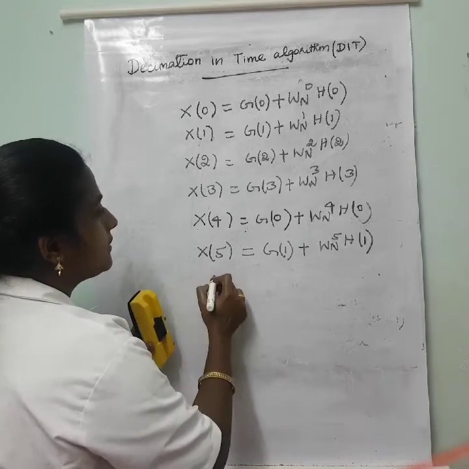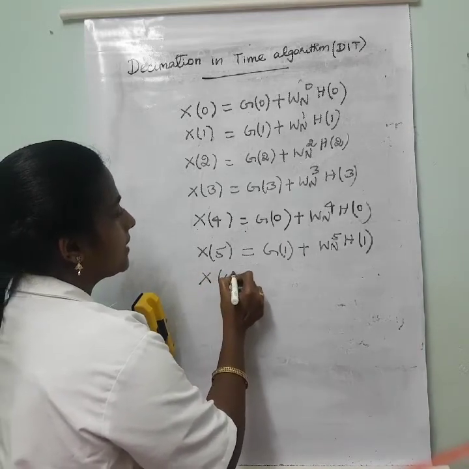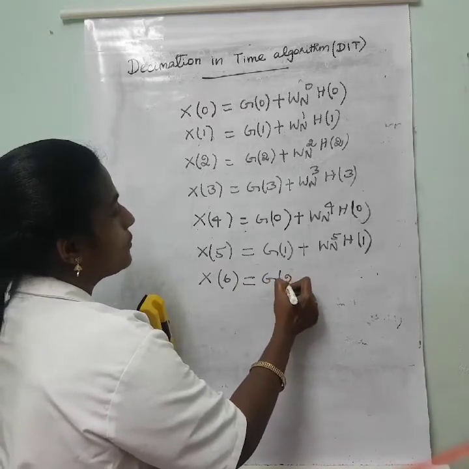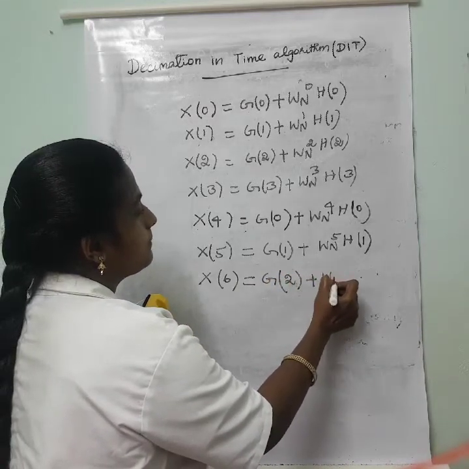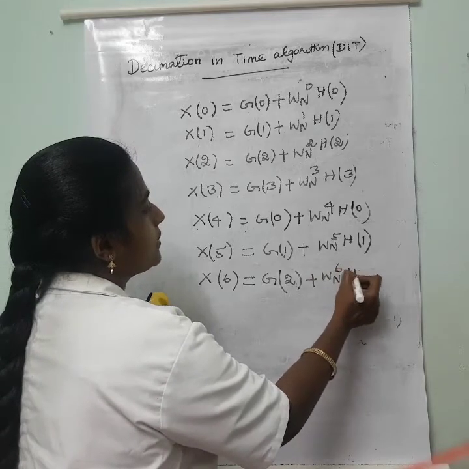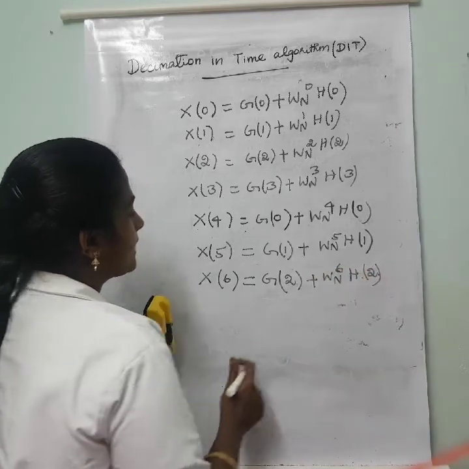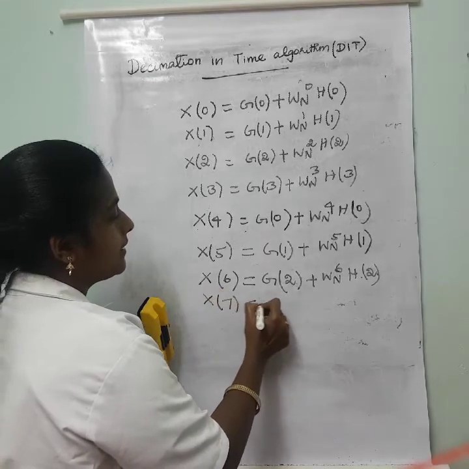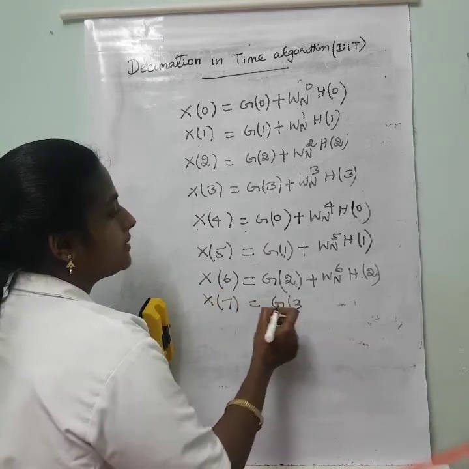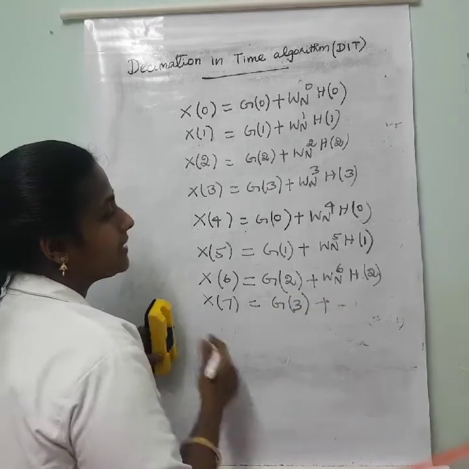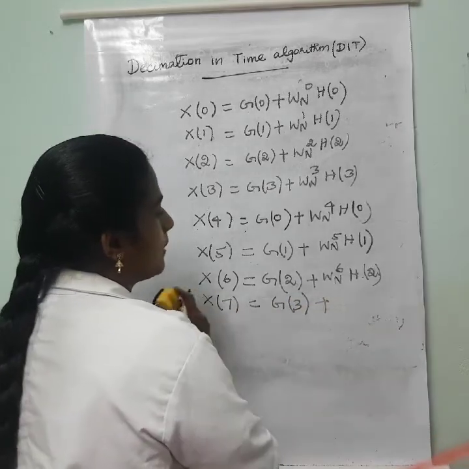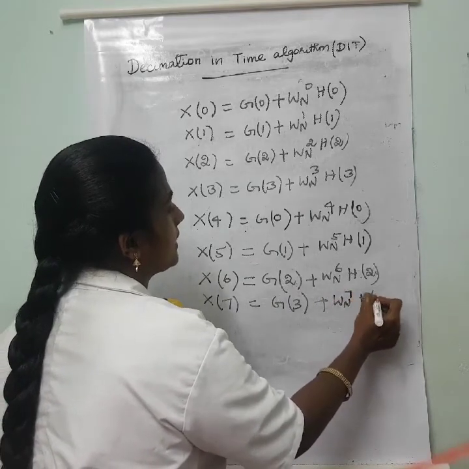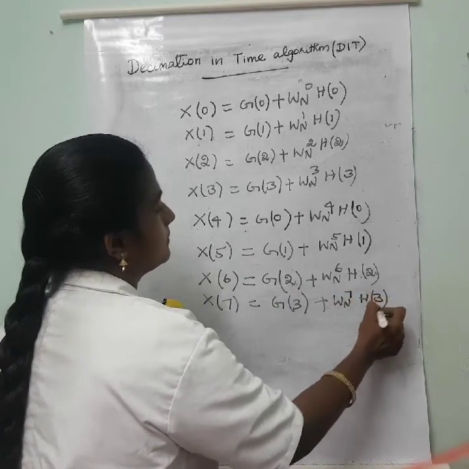When k is equal to 6, x of 6 is equal to g of 6, that is equal to g of 2 plus wn power 6 into h of 2. When k is equal to 7, x of 7 is equal to g of 7, that is equal to g of 3 plus wn power 7 into h of 3.